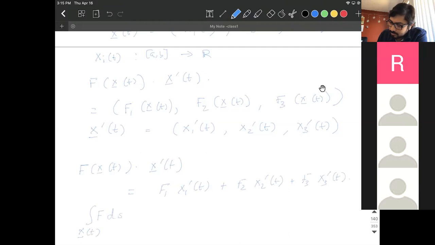Okay, so this vector line integral also has the following notation. From time to time, you'll see this notation.